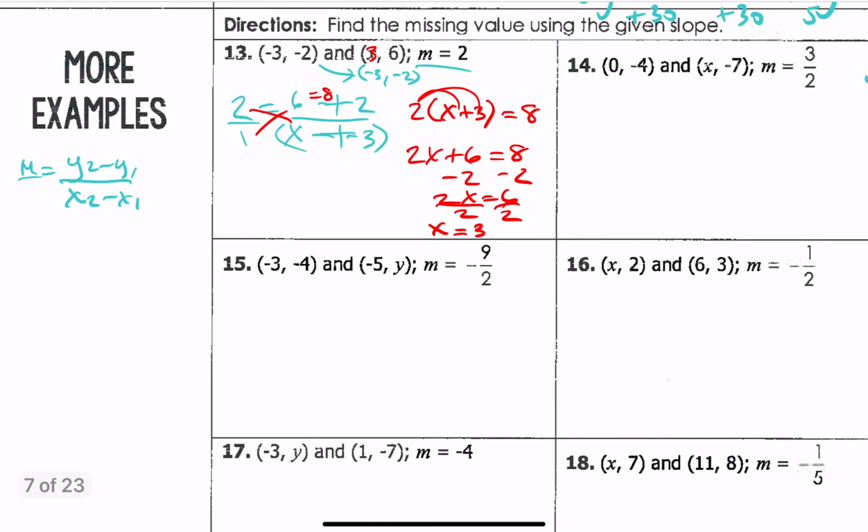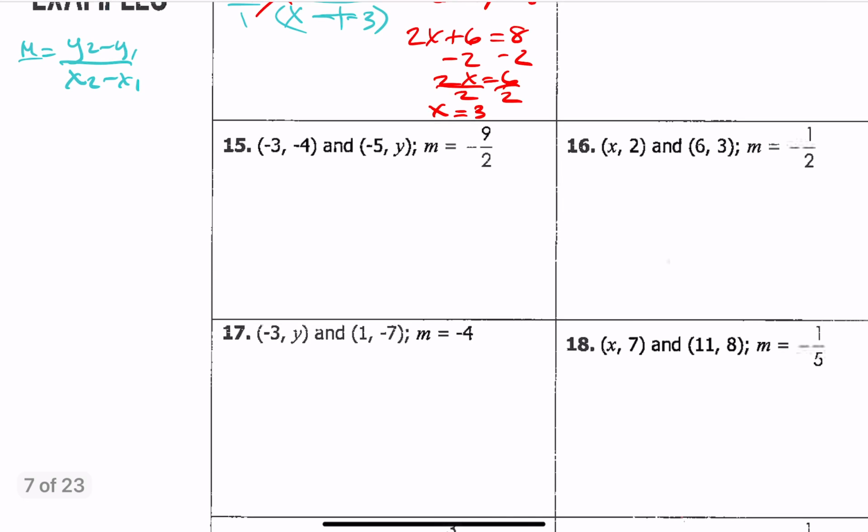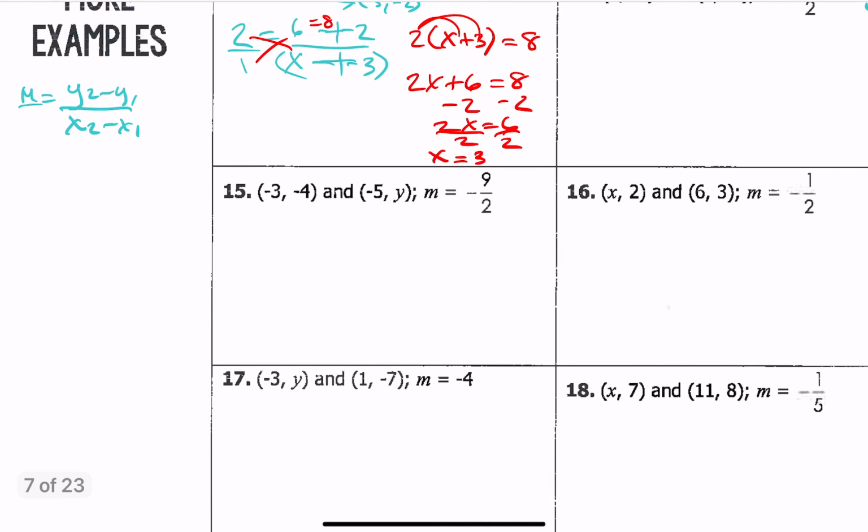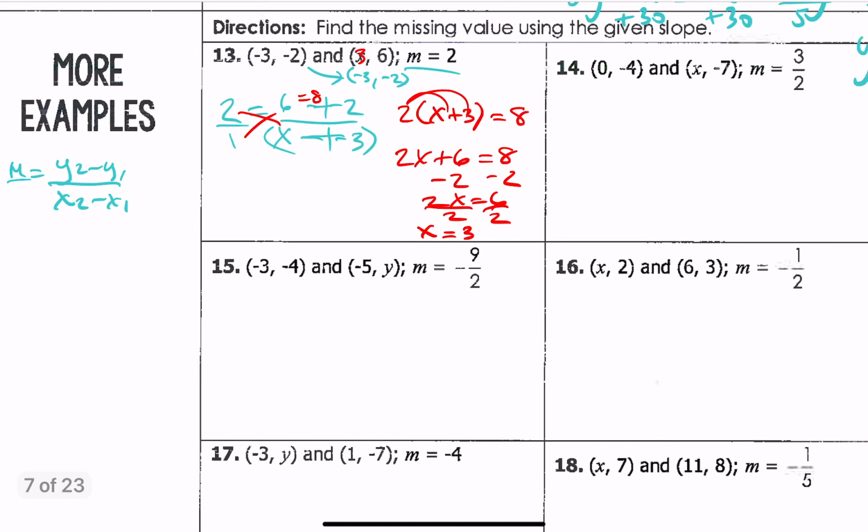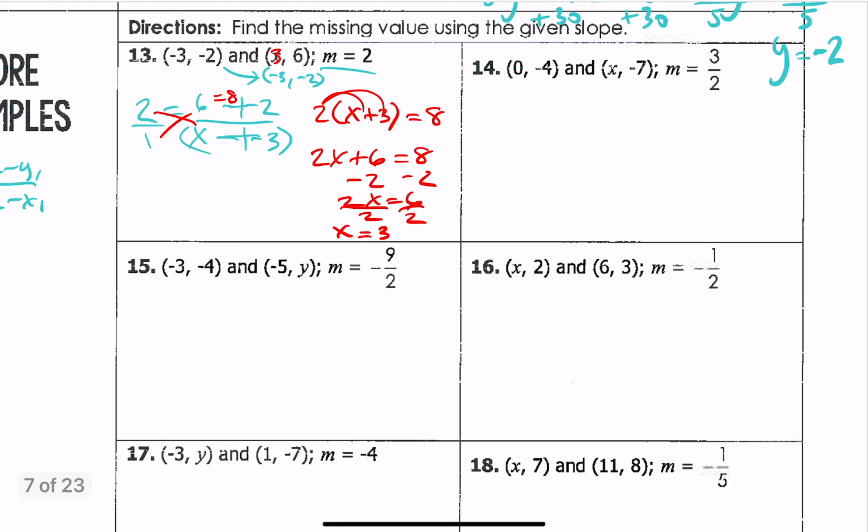So you are going to try these on your own, and don't be afraid of the fractions. Like if you go to set up number 14, it's going to be 3 over 2, right? That's the slope. And then when I go to set up the other part, right, it's going to be negative 7 minus negative 4 over x minus 0. And you're just going to set up your algebraic proportion and solve it.